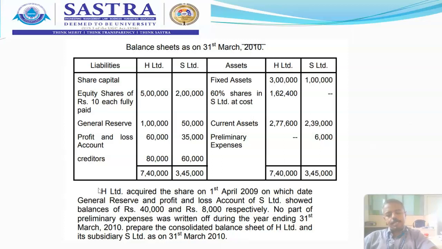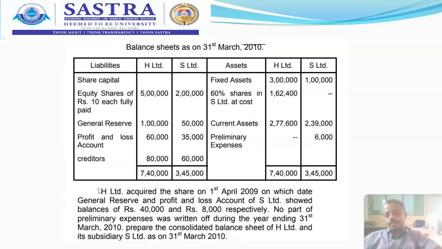We need to check whether H Limited has acquired more than 50% of the shares in S Limited. If we check, yes, on the asset side it is very well noted that 60% of shares in S Limited have been invested in by H Limited. That means more than 50%.